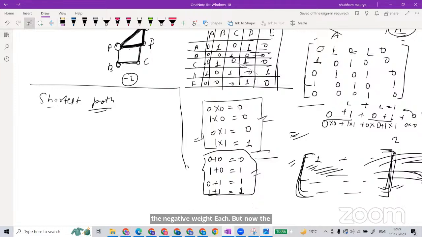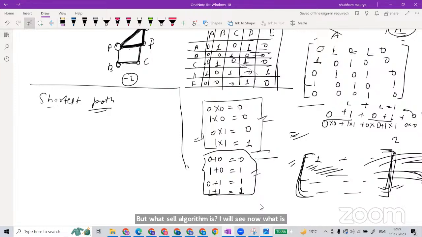The next, updated algorithm is called the Floyd-Warshall algorithm, which finds shortest paths from all vertices to all other vertices. We'll see now what the Warshall algorithm is.